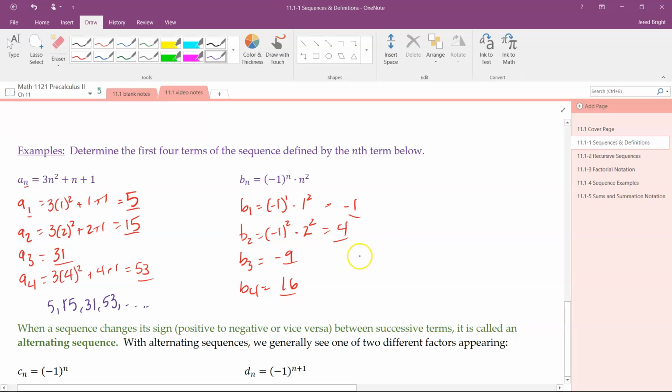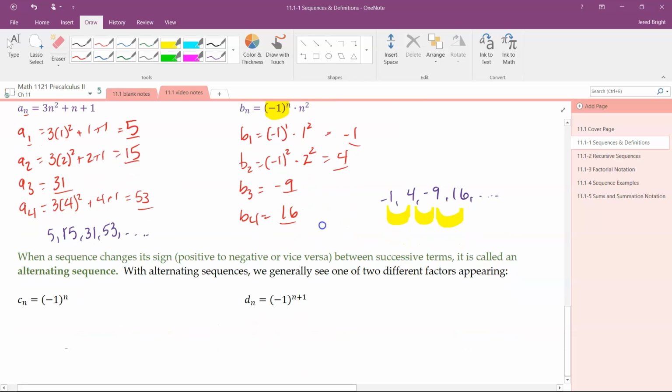Similarly, with the sequence bn, it would just be negative 1, 4, negative 9, 16, and so on. One interesting thing about the sequence bn is this factor of negative 1 to the n, and that just means that the sequence is going to alternate. And surely enough, it did alternate as we look between successive terms. It's changed from positive to negative or vice versa.